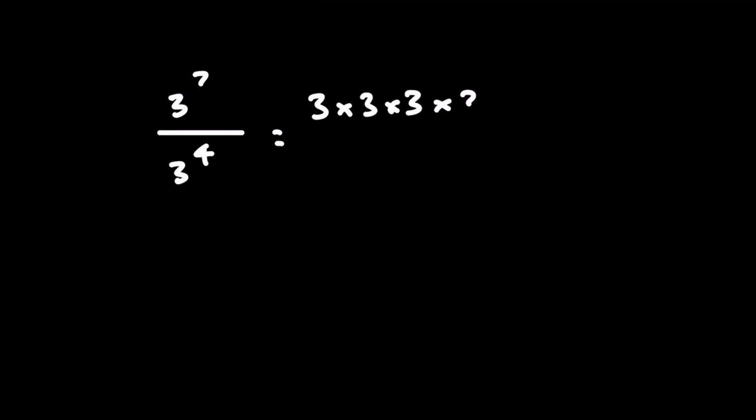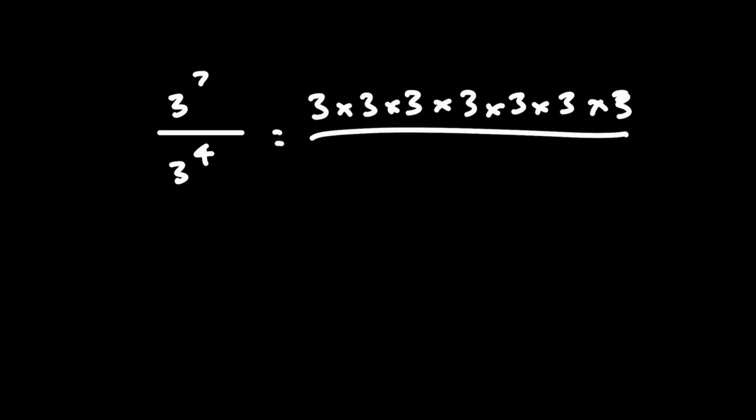What about an example like this? Now, if we wanted to simplify this, this is the same thing as 3 times 3, 7 times. And we know we're dividing it by 3 times itself 4 times.